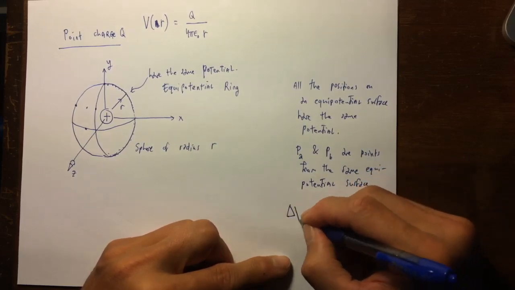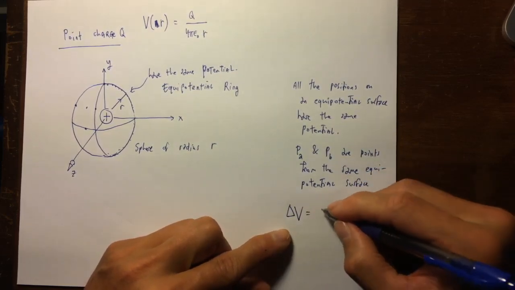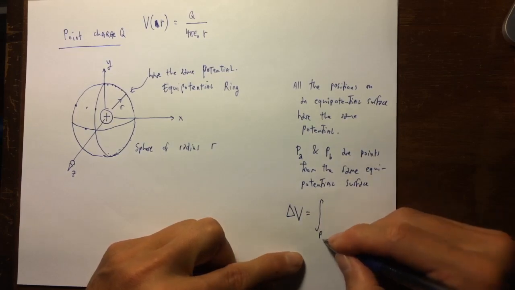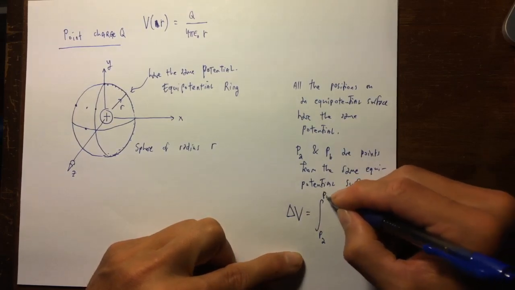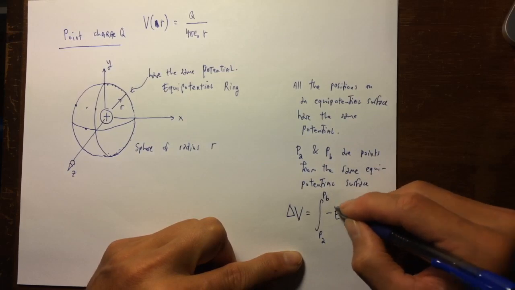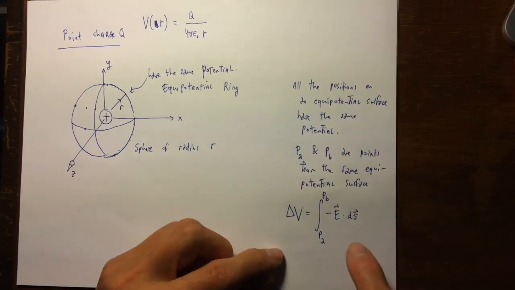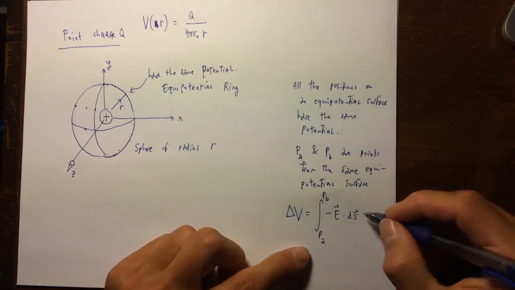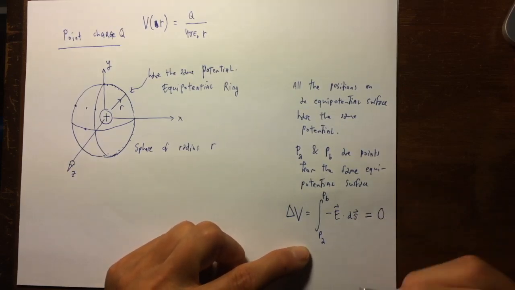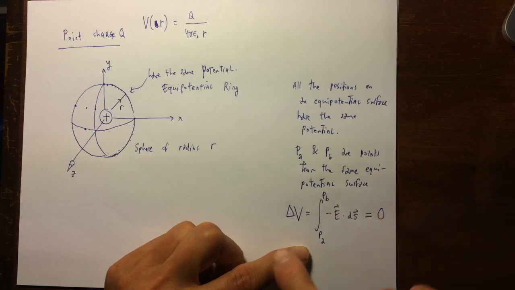Then if I tried to calculate delta V, which is the integral from point A up to point B of the electric field dotted with ds vectors, this will only ever give 0 if PA and PB are on the same equipotential surface.